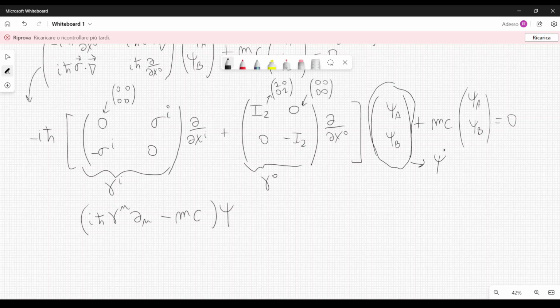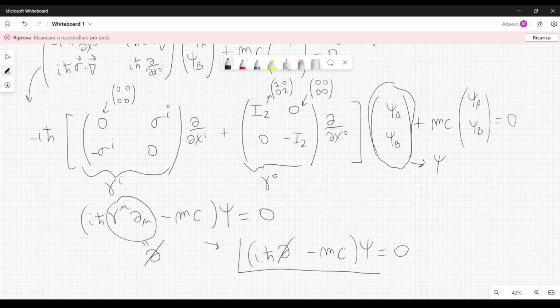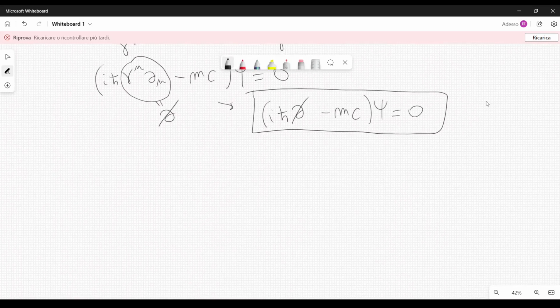It's actually a vector with 4 components, so it's two spinors put together. We could say it like that. And this is equal to 0. And gamma^mu del_mu is also usually denoted as del slash. So this expression can be written as i h bar del slash minus mc acting on psi equal to 0. And this is none other than Dirac's equation, the Dirac equation.